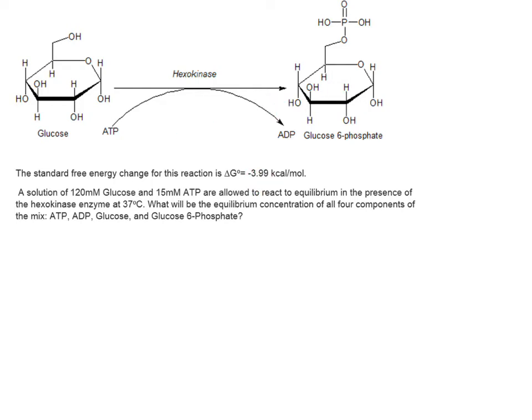This should go forward. And the rest of the question states that a solution of 120 millimolar glucose and 15 millimolar ATP are allowed to react to equilibrium in the presence of the hexokinase enzyme at 37 Celsius. What will the equilibrium concentration of all four components of the mix be? ATP, ADP, glucose, and glucose 6-phosphate.